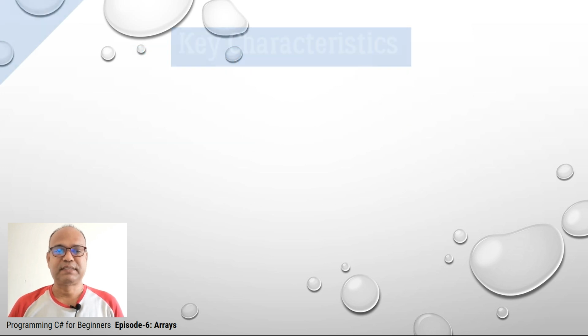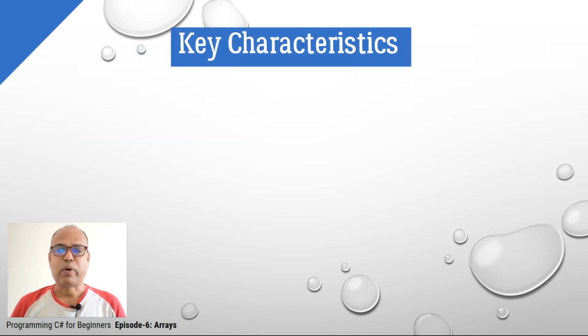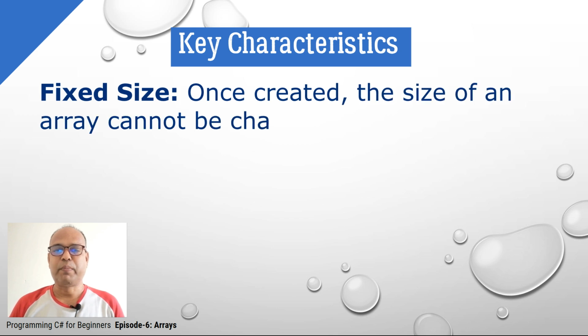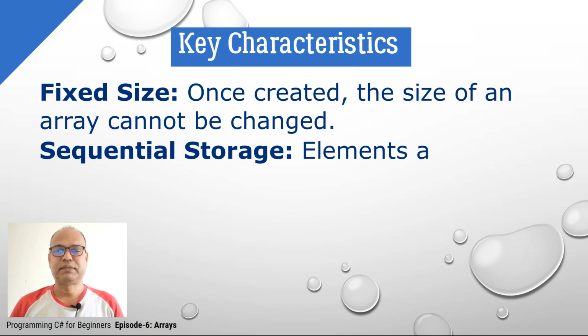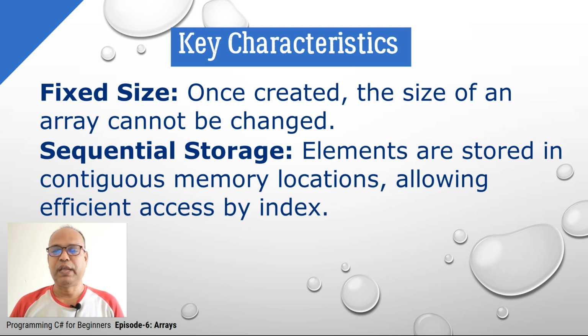Key characteristics: fixed size. Once created, the size of an array cannot be changed. During declaration of an array, how many values to be stored will be fixed and it cannot be changed. Sequential storage: elements are stored in contiguous memory locations, allowing efficient access by index.